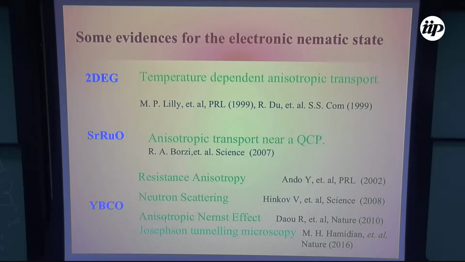This is also called a nematic phase. In the cuprates, in most of them, you also see or interpret this phase using different experimental techniques. For instance, you see anisotropy in the resistance. You can do neutron scattering and see an anisotropy in the magnetic response.